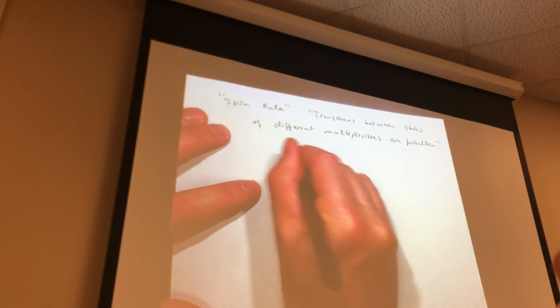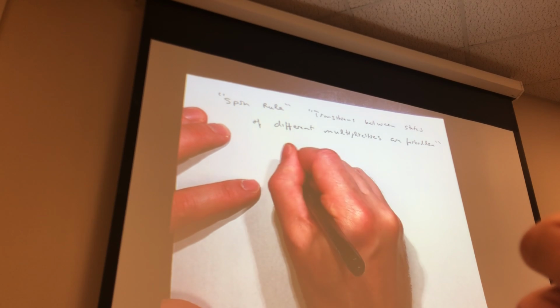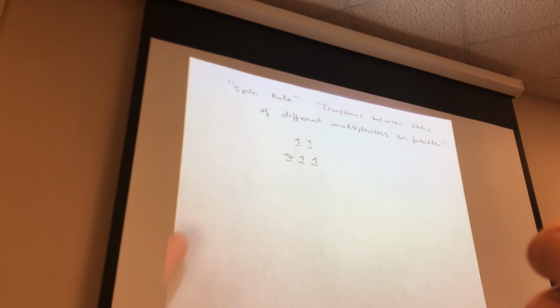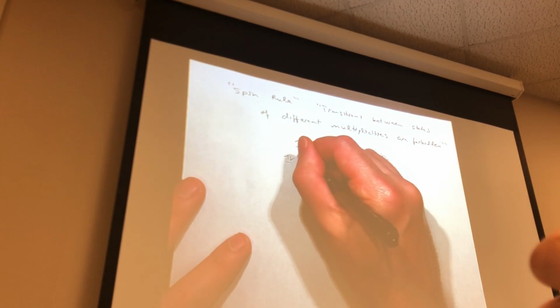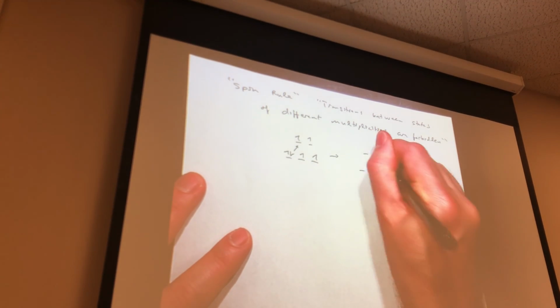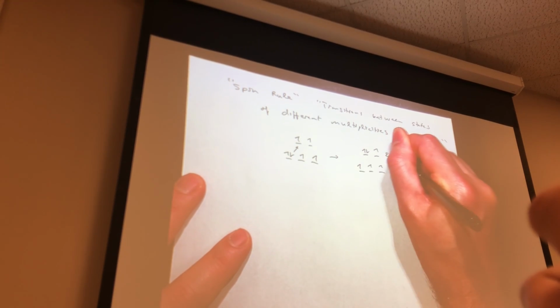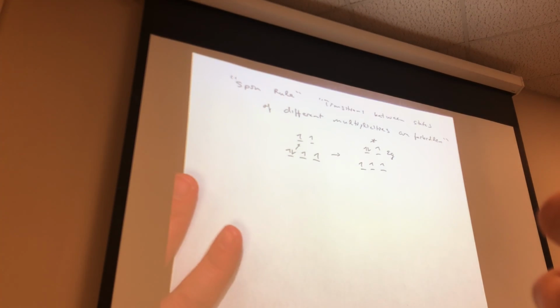So essentially what it means is if we had maybe a d6 compound, the only transition that's allowed is this one, which is a different spin. This would be the excited state here, right?